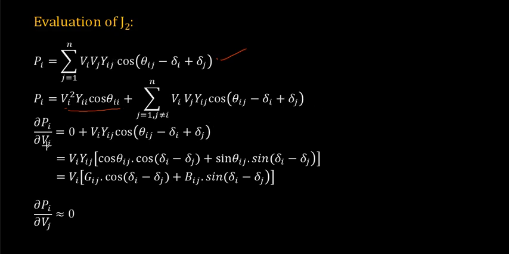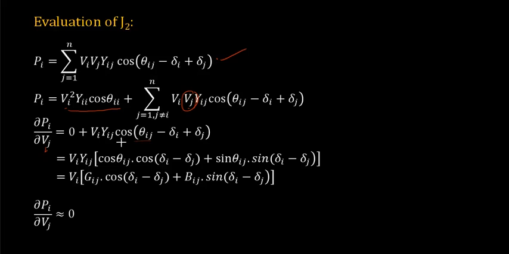So when you take the partial differentiation with respect to Vj, this particular term will be 0, and in the second term we have Vi Yij. Here we have a term Vj, so that Vj term gets cancelled once you differentiate, and since voltage Vj appears only in a single bus, we have only a single term here: Vi Yij cos(theta ij minus delta i plus delta j).